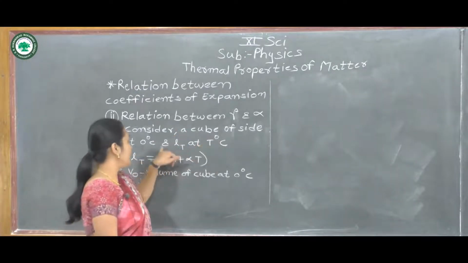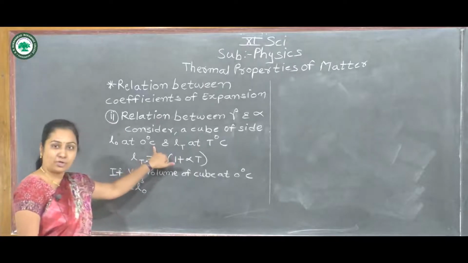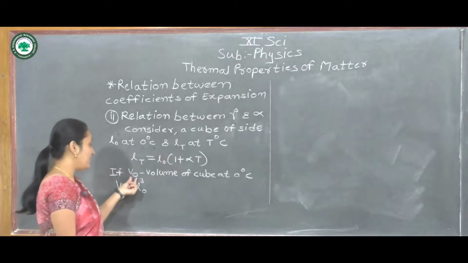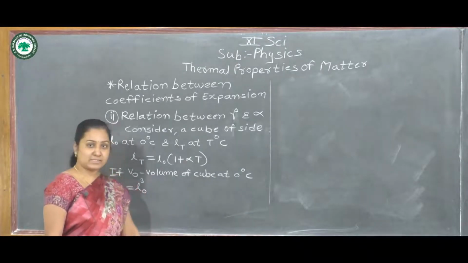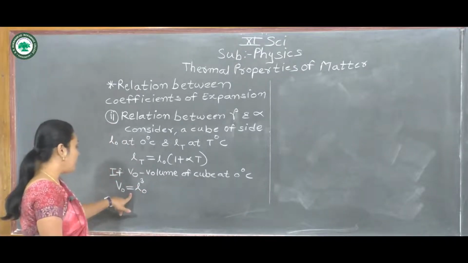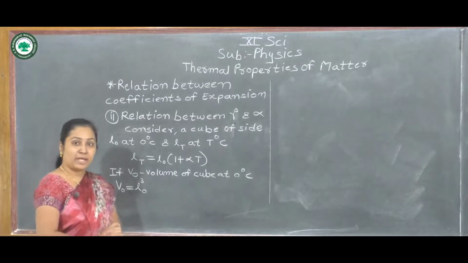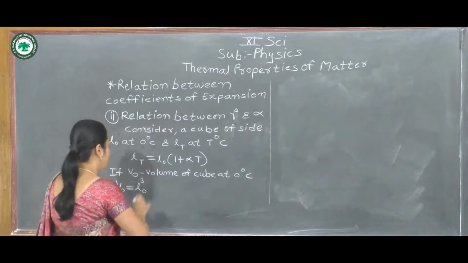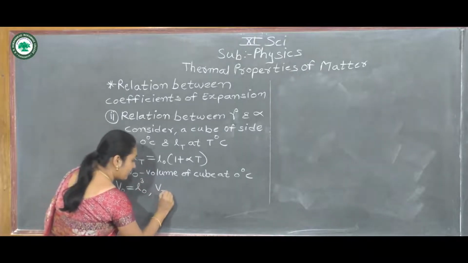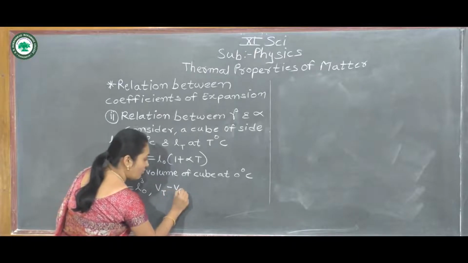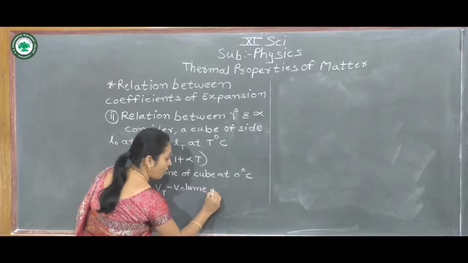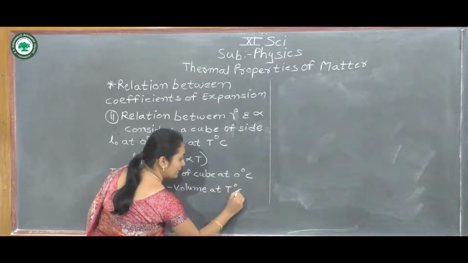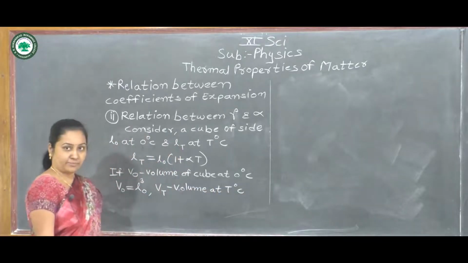L0 is the length at 0 degree Celsius and V0 is the volume of the cube at 0 degree Celsius. Similarly, Vt is the volume of the cube at T degree Celsius.